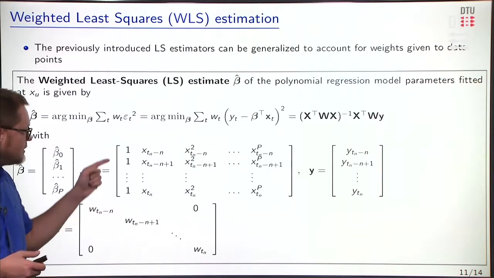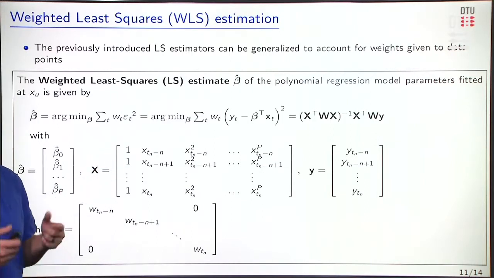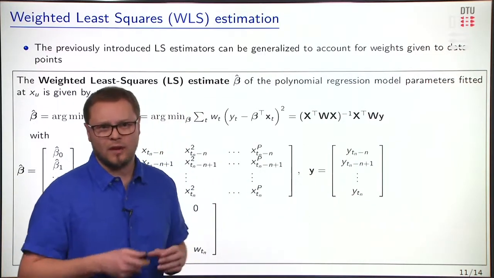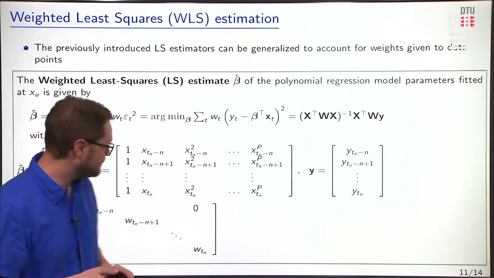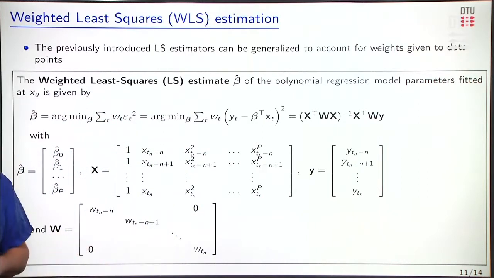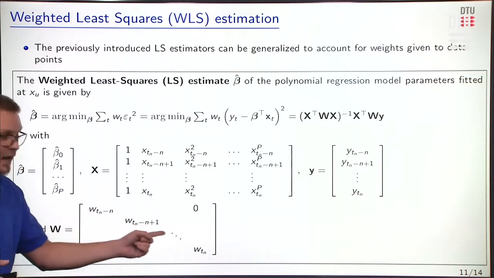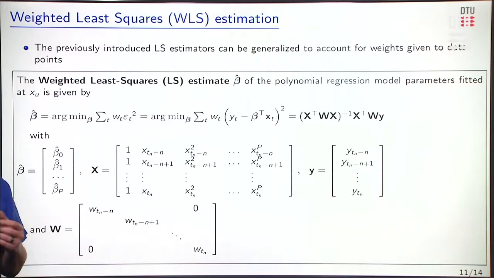The design matrix, which gives the value of the explanatory variable for each and every time in the past, so in the data set. The response variable vector with all the values for the response variable in the past. And eventually this weight matrix, which is a diagonal matrix for which each and every entry on the diagonal is the weight to be given to this data point for each and every time in the past based on this weighting function which we use to be a kernel.